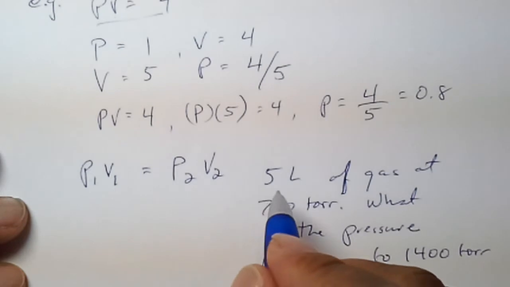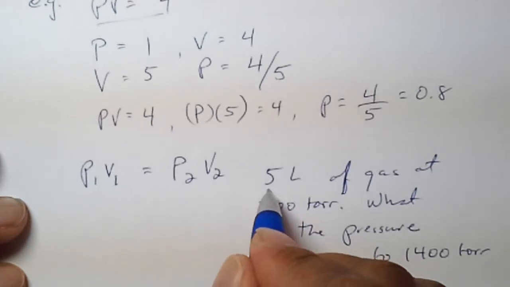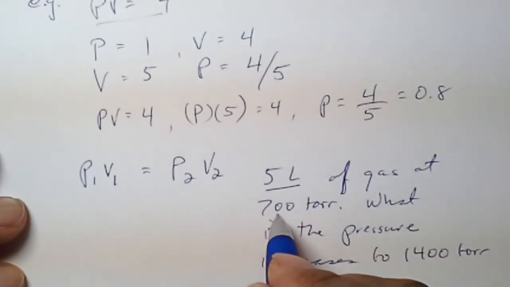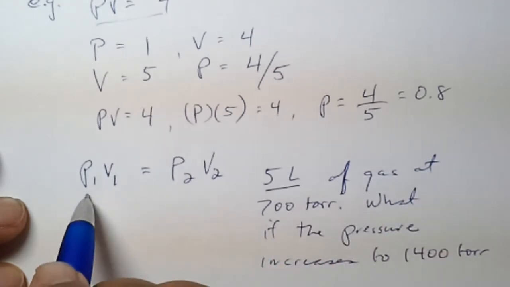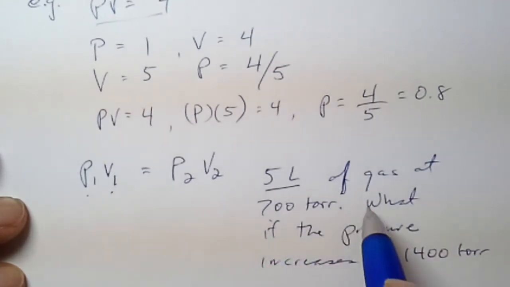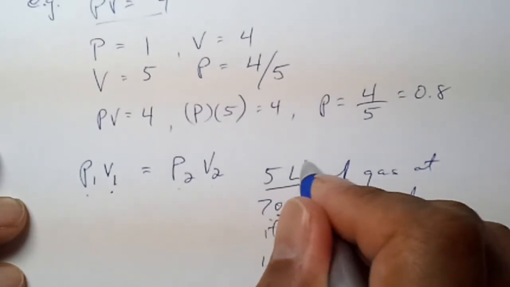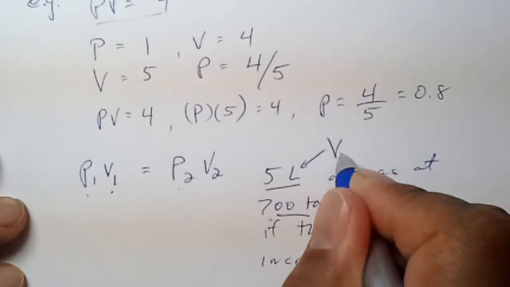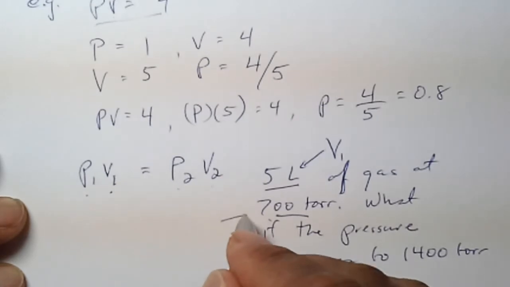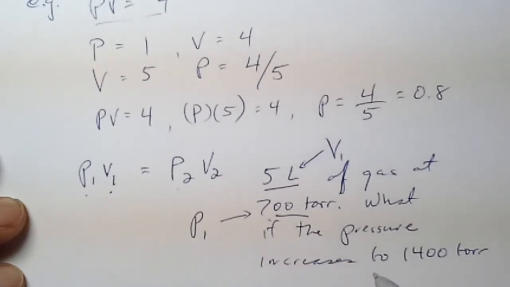In every problem, you should find out what the current conditions, P1 and V1, are, and what the new conditions are. So our volume 1 is 5 liters. Our pressure 1 is 700 torr.